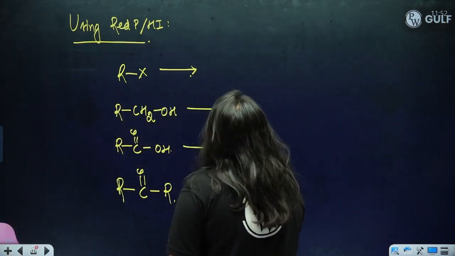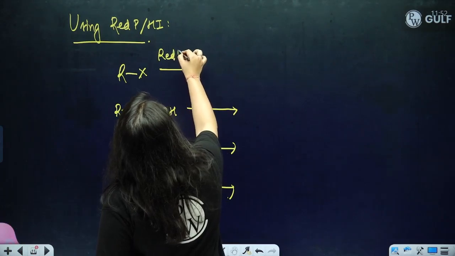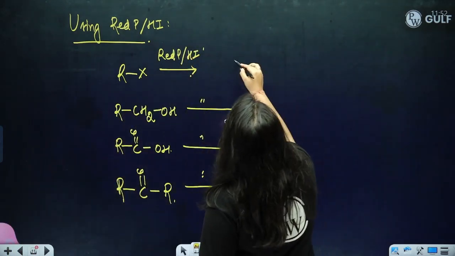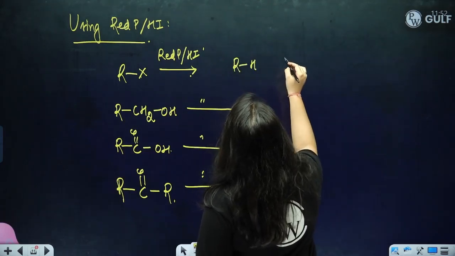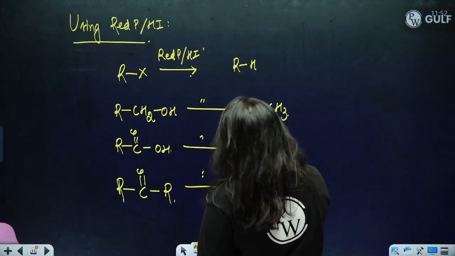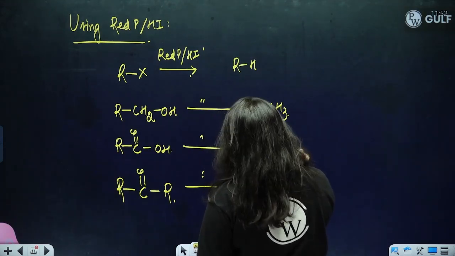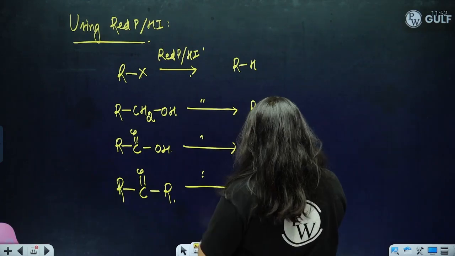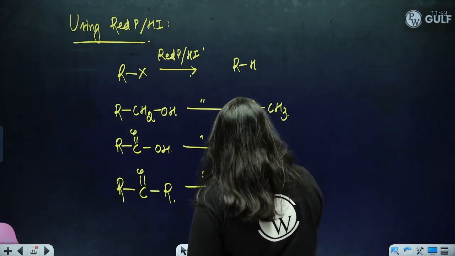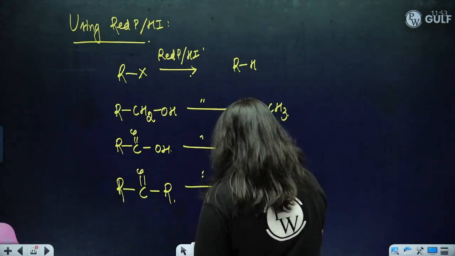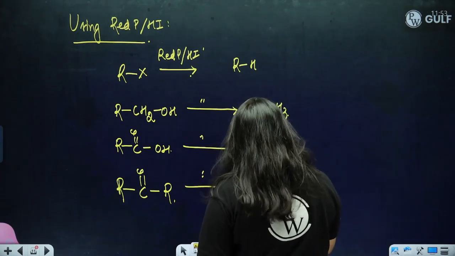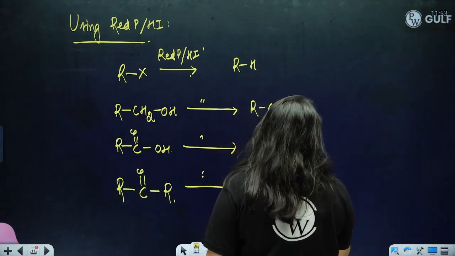Now to all of this, you're adding red phosphorus in the presence of HI. What will you get? You will get RH over here, and RCH3. Sorry, it's not RCH2, it's going to be RCH3.